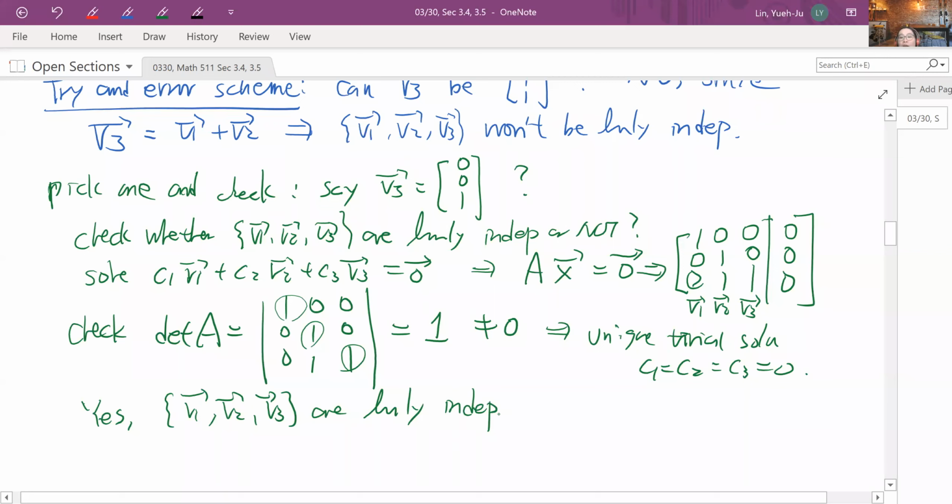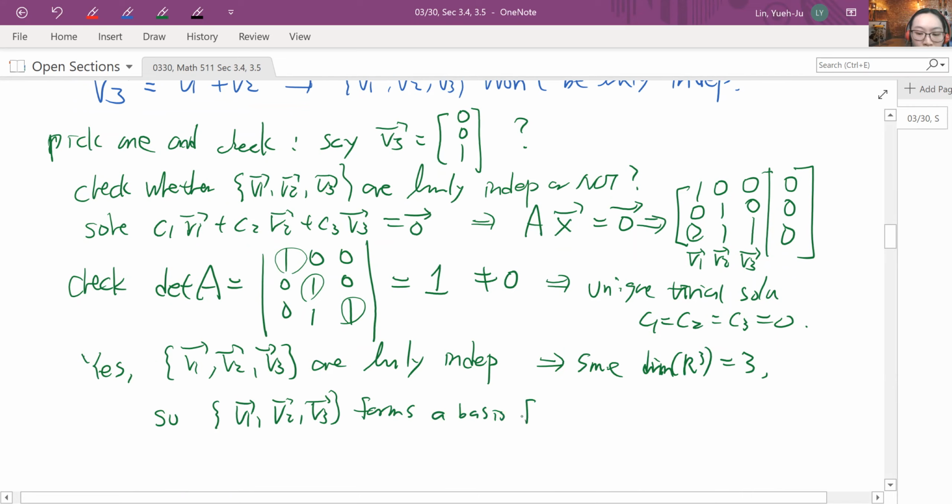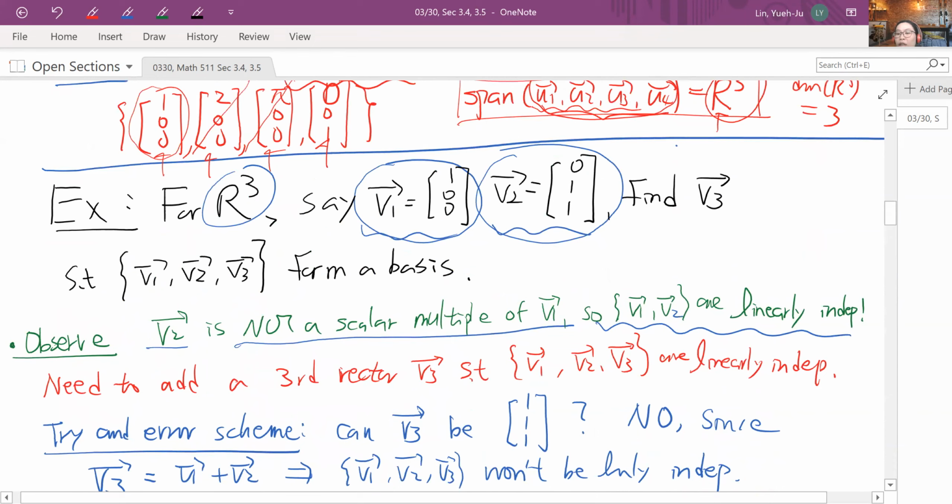And we know the dimension of R3 is 3, so these 3 vectors will form a basis. Even though they're almost the same as the standard basis, they're not. So other than the standard basis, we actually picked different choices. And of course, you can cook up something more complicated.